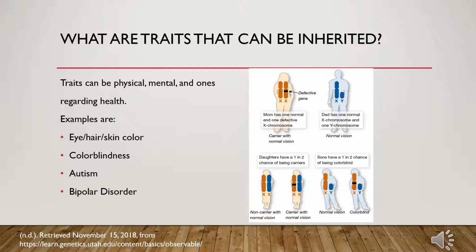One girl has an XX chromosome with no defective gene, and she is not colorblind. The second girl has an XX chromosome with a defective gene, and she still is not colorblind. And then we take a look at the 2 boys, both of them having an XY chromosome, but one carries a defective gene, and he is colorblind.